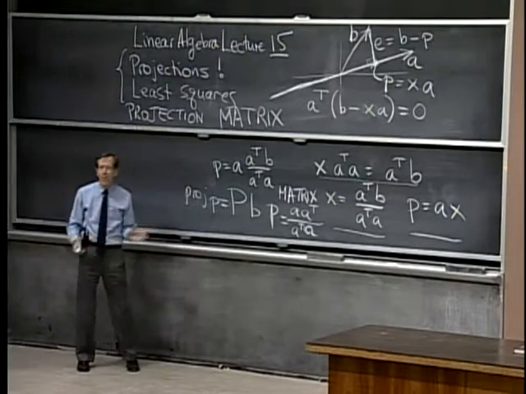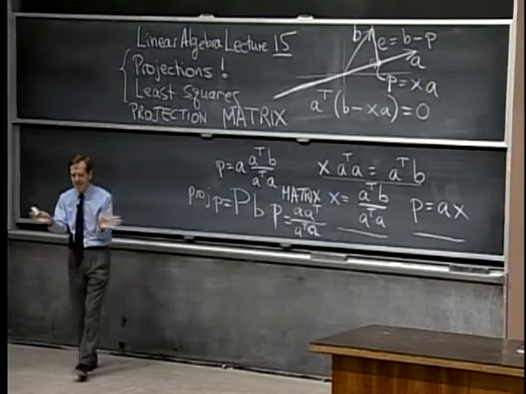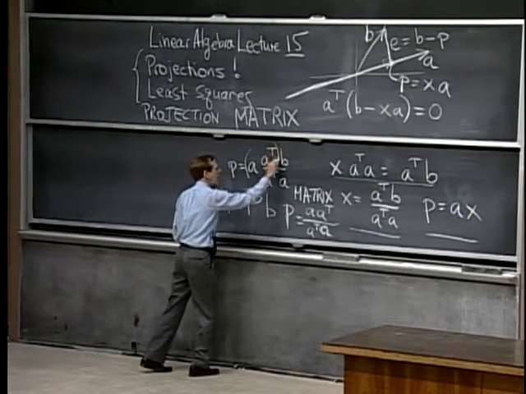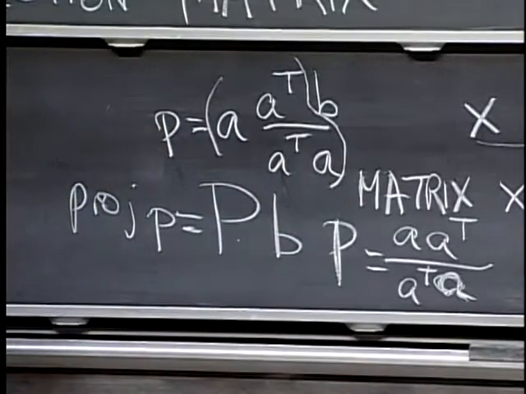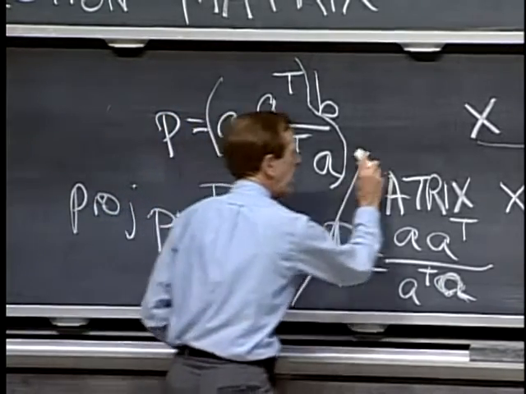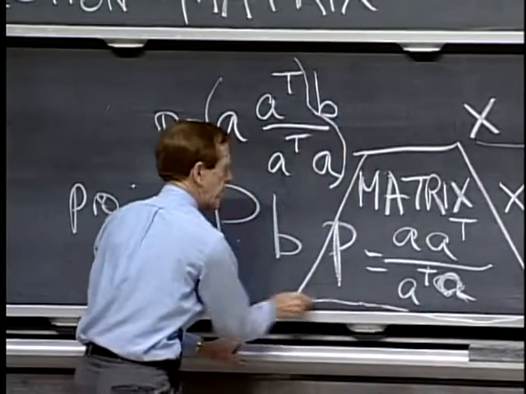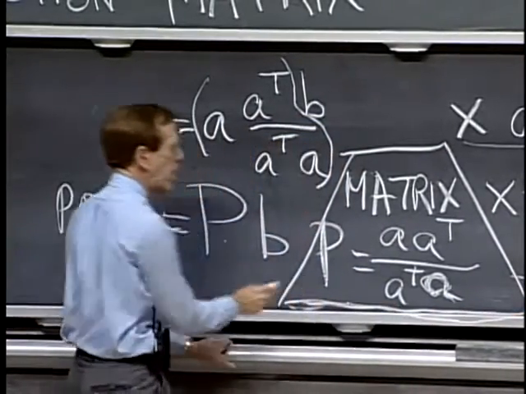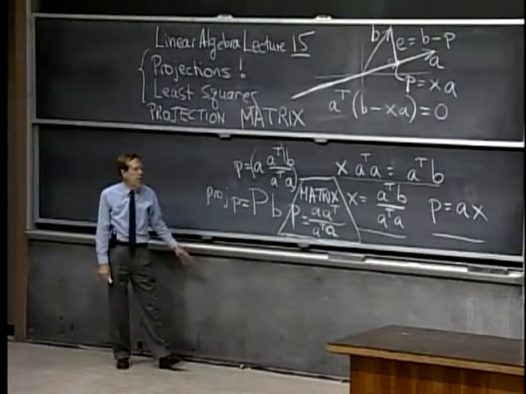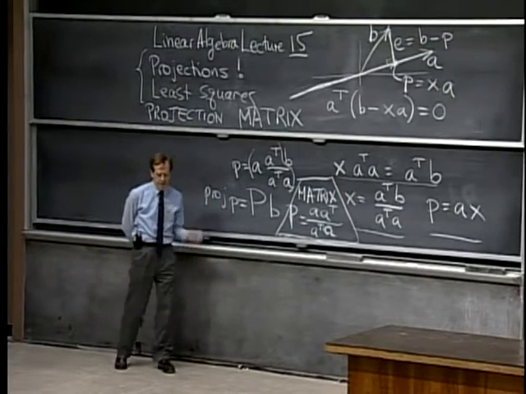You see, once again, I'm putting parentheses in different places. I'm putting the parentheses like there. I'm saying, okay, that's really the matrix that produces this projection. Okay. Now, tell me, all right, what are the properties of that matrix?